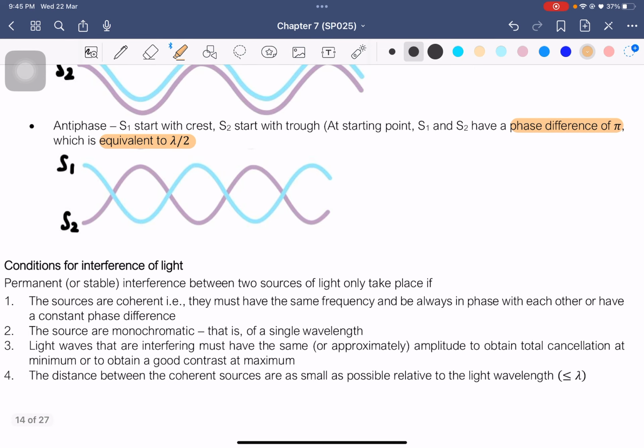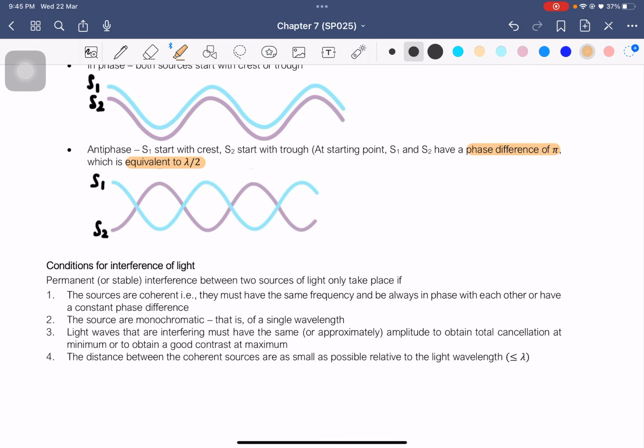So what are the conditions for interference of light? For a permanent interference to take place, the sources should be coherent. Next, the source should be monochromatic, meaning that the source has a single wavelength.